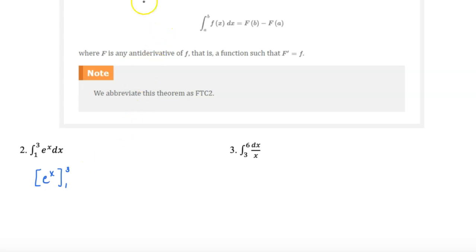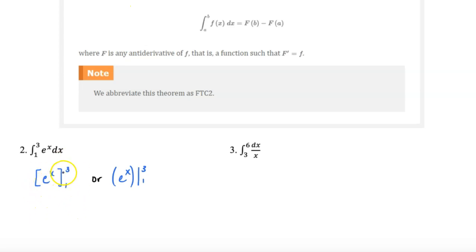Alternate notation, so you might also see this being written as e to the x, and then sometimes we'll just put a vertical bar on the right-hand side and say this is going from 1 to 3. So this is another notation you might see. And sometimes these are enclosed in parentheses, especially if there's more than one term, and then we've still got that vertical bar on the right-hand side. So whichever you prefer. I usually tend toward brackets more.